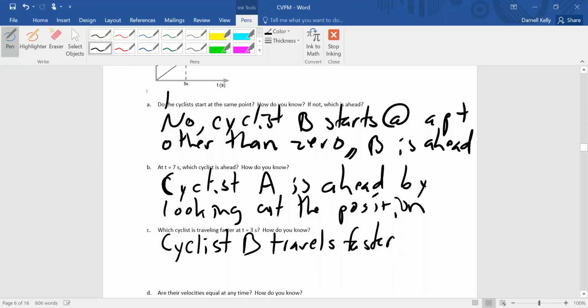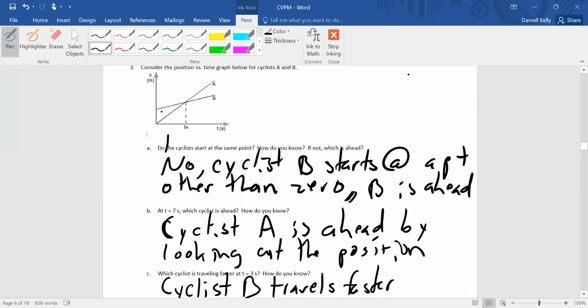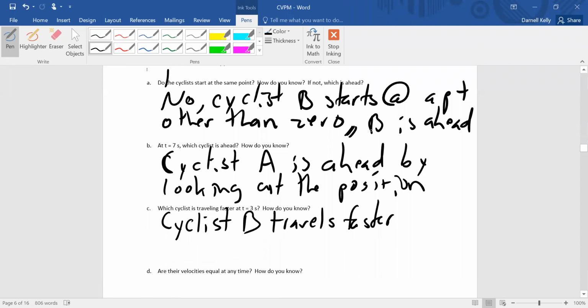Now, faster implies the velocity, which implies the slope, okay? The slope of a position time graph gives you the velocity. So at 3 seconds, cyclist B's slope is greater than cyclist A's. Therefore, cyclist B is faster at 3 seconds than cyclist A. So I hope we can translate that.